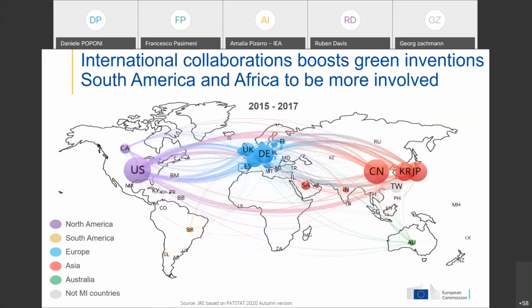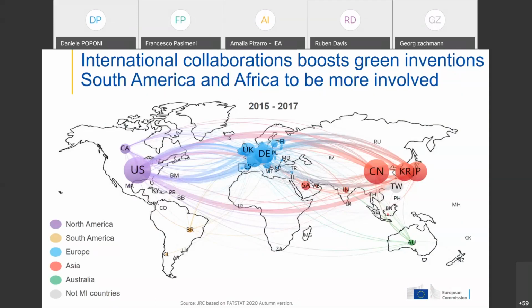Thanks to the methodology, we can also analyze and visualize the network of collaboration in the inventive activity, and we see here that there is a very dense network, dense collaboration among MI countries and beyond. And we also see some clusters in Asia and Europe, mostly because of geographical proximity among countries.